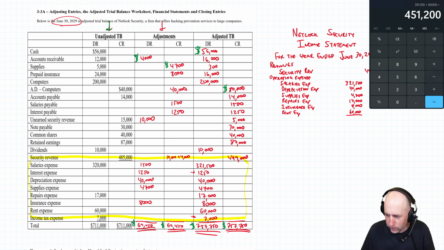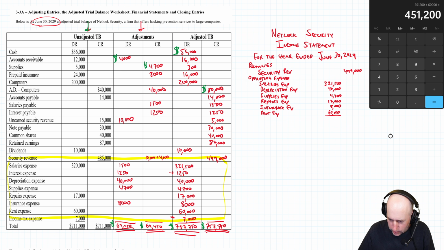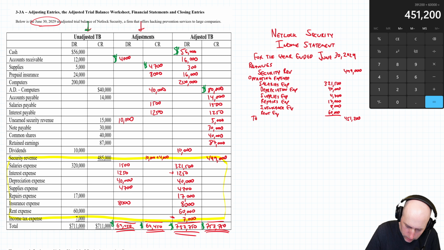And we land on 451,200. That is our total operating expenses.